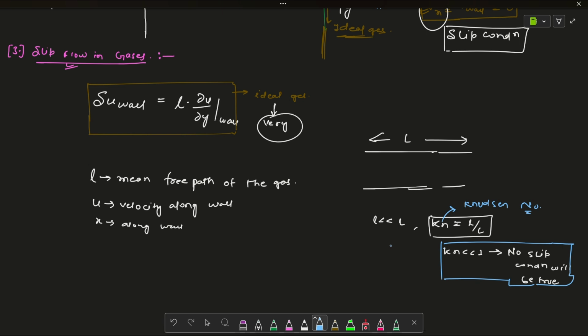I hope you have all understood this no slip condition and the no temperature jump condition. These things are very important, and you will use them again and again for solving fluid problems. I hope you all understand this lecture. Till then, keep learning and goodbye.